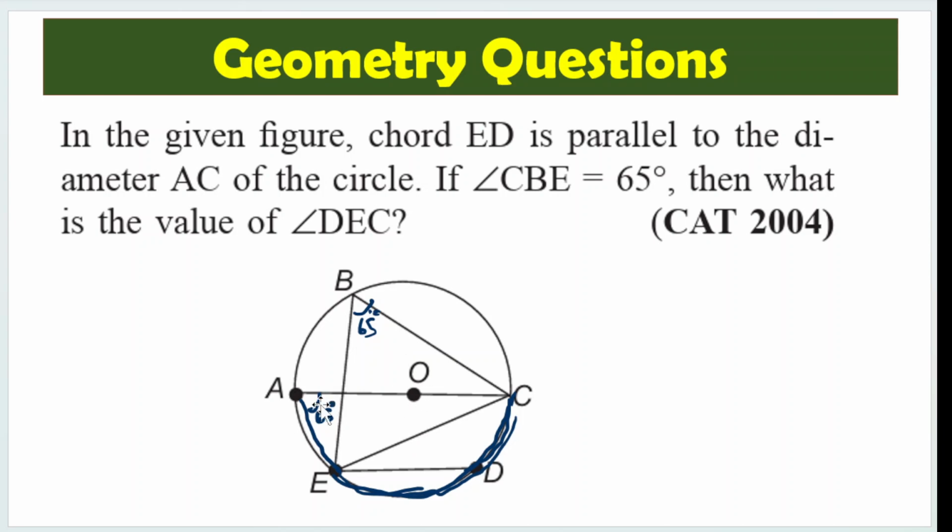Now this is 65 degrees. At the same time, in a semicircle, the angle is 90 degrees. That means AC makes an angle of 90 degrees at E. This angle is 90 degrees. Let's take this triangle ACE.